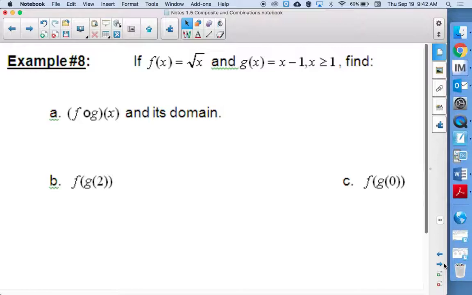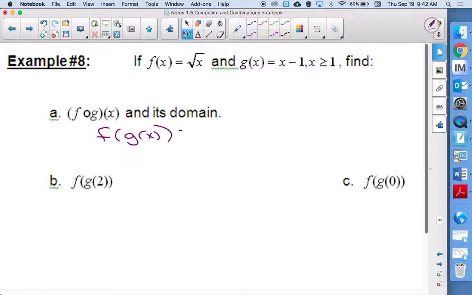This one actually asks you to find the domain. So the first part, find f of g of x.